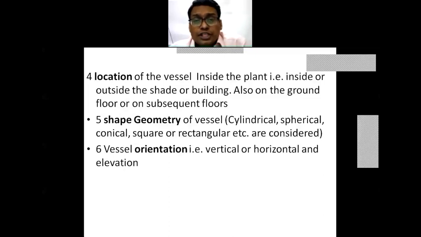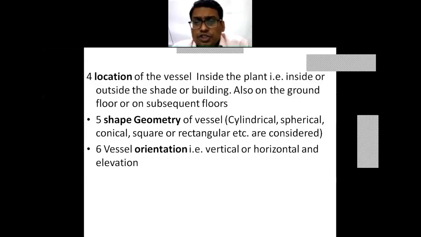Then the location of a vessel, whether it is located inside the plant or outside the building, again affects the corrosion, because of the surrounding environment. So all these things are going to vary because of the location.